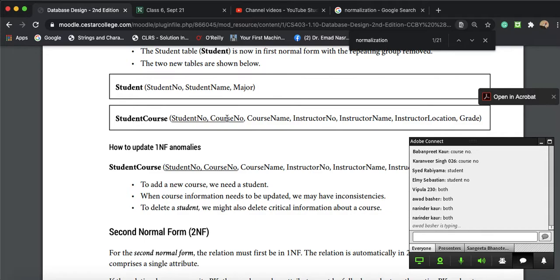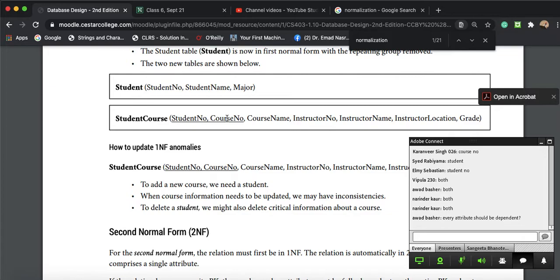That's it. So how to know if the relation is in the second normal form? It has to be in the first normal form and have a single primary key, or a composite primary key but all other attributes depend on both parts of the composite primary key, the entire primary key, not just on parts.